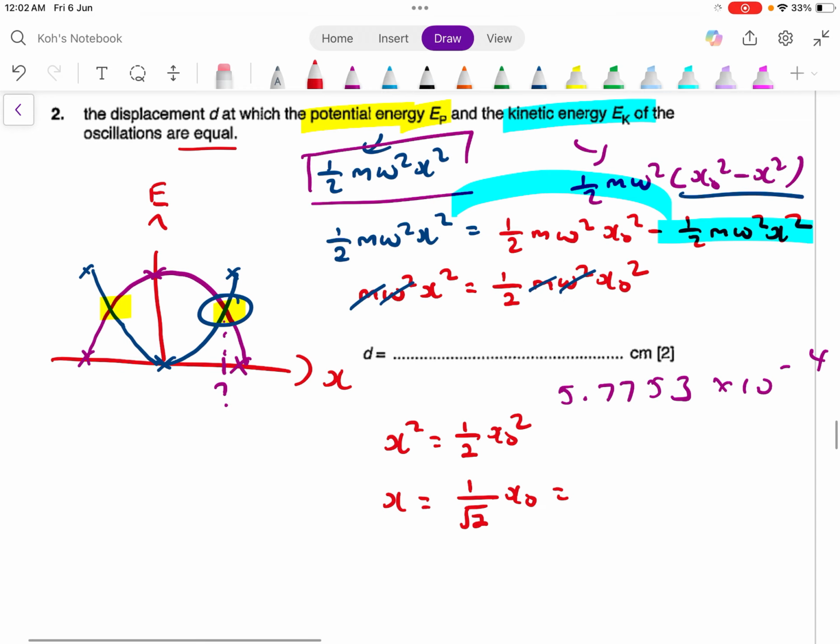So you just sub in: 1 over square root 2 times 3.4 is about 2.40 centimeter. So this point is 2.4 and this point is negative 2.4. This will be the answer, 2.40 centimeter.